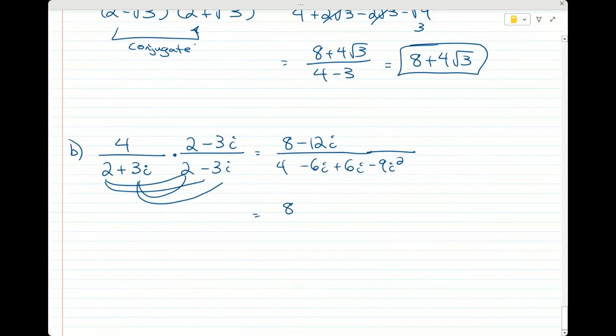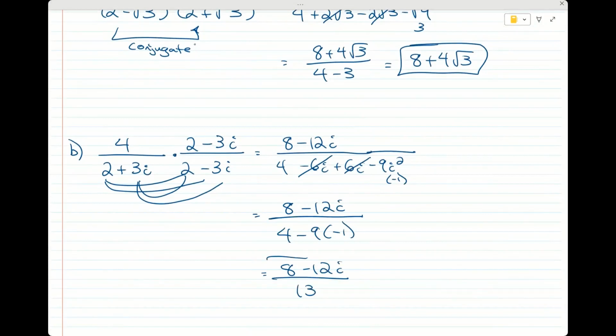So we get 8 minus 12i over just 4 minus 9 times negative 1. Remember, i squared is the same thing as negative 1. So we just get 8 minus 12i over 4 plus 9, which is just 13. That would be the best answer here.